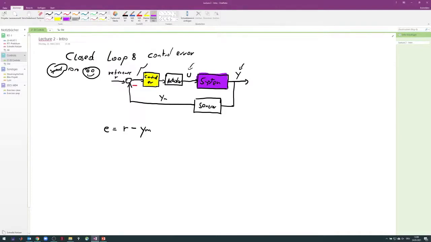You're designing a controller based on a mathematical description of your system, of your car, of your aircraft. To be able to do that, we need to talk about systems first. The idea here is that we standardize systems so that we don't need to care too much if it's an aircraft, a car, a robot, or whatever you like. It will always look the same. And this is the important point here.